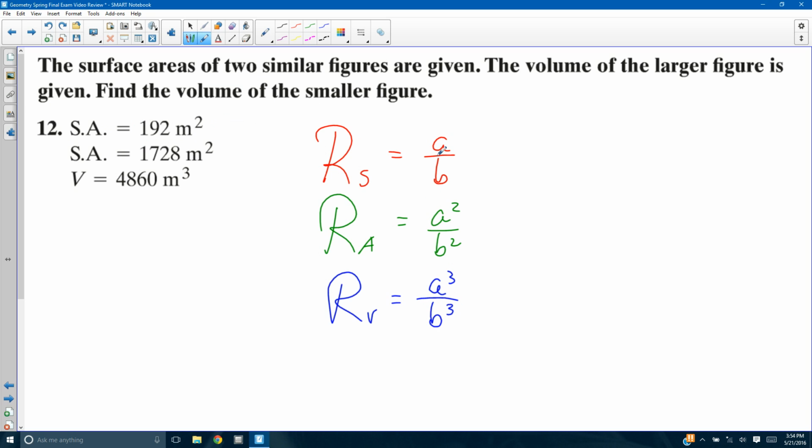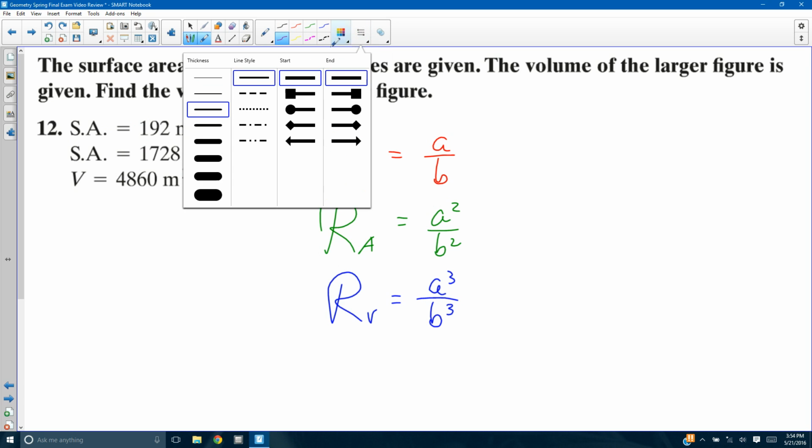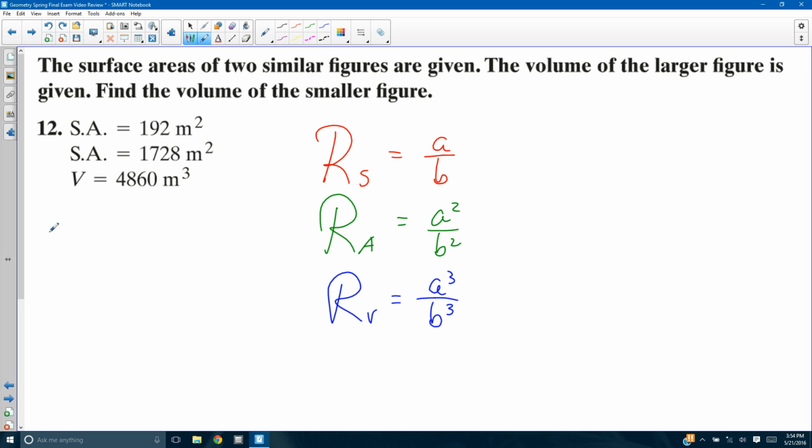Okay, so I have area ratio right here. I'm going to compare these two. Let's do small to large. I'm used to doing that recently. So the area ratio here is the ratio of these two surface areas. Because they're similar figures, and because we're corresponding to the same thing, I'm going to be able to compare them, and I can call that area ratio.